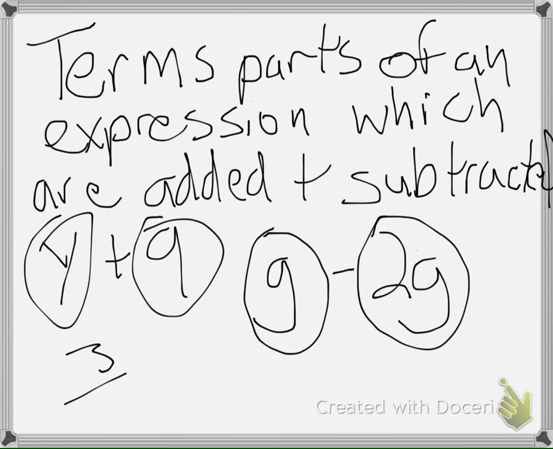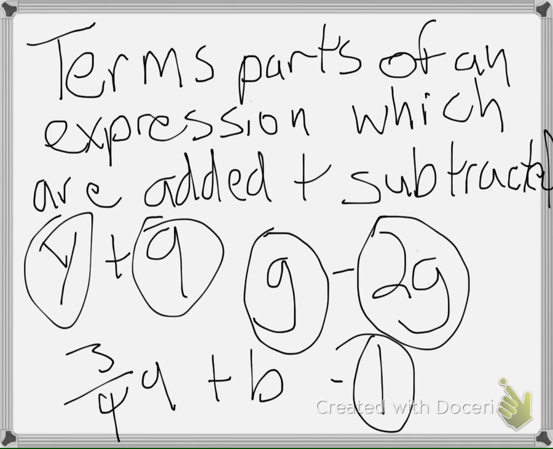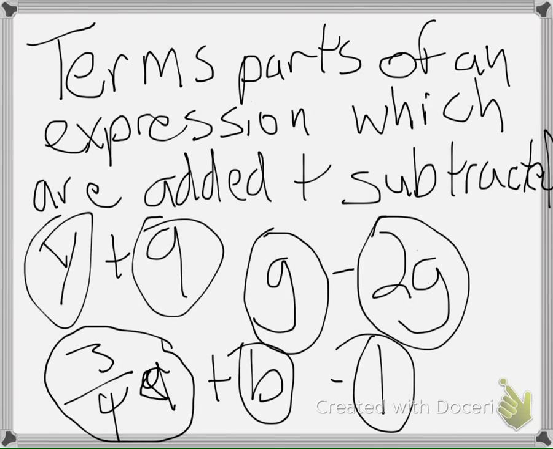Right? If I have 3/4 of an a plus b minus 1, everything set apart by an addition or subtraction sign is a term. And that's an A, not a 9. Okay. So those are our three big vocabulary terms. Hold on, I think we may have just a couple more that we need to be concerning ourselves with.